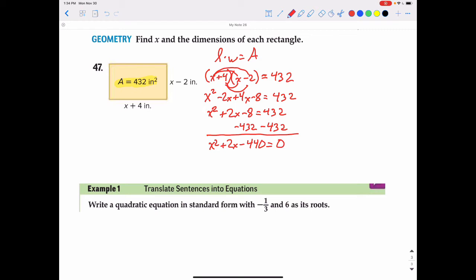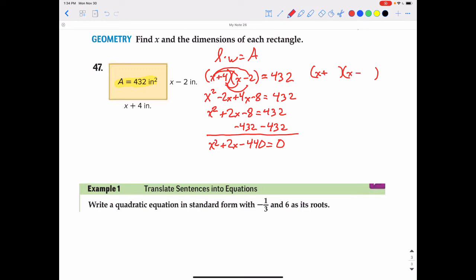So now we're ready to factor it. And yes, we do need to find two numbers that multiply to be negative 440, but add up to be a positive 2, which means one of the numbers is going to be positive, one of the numbers will be negative. And they're going to be numbers that are fairly close together if you don't count their positive and negative signs.